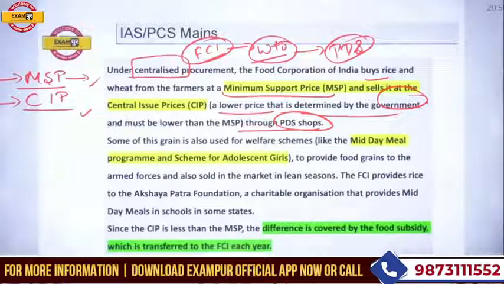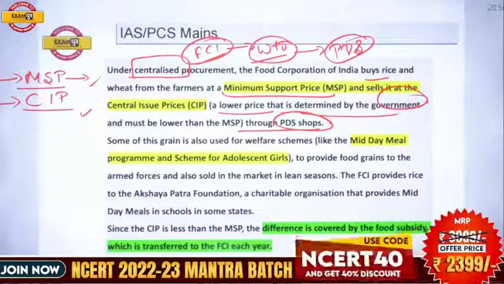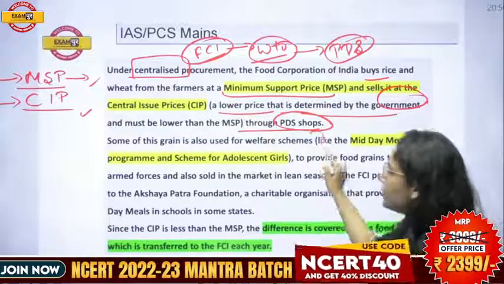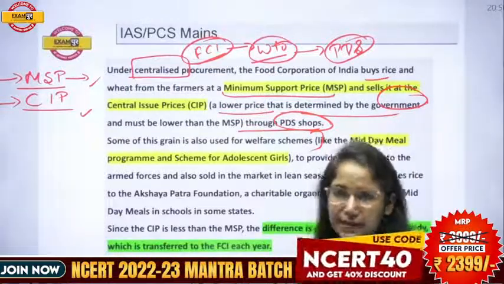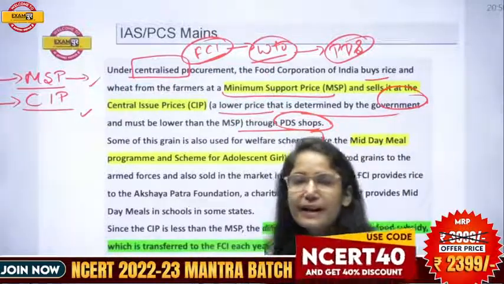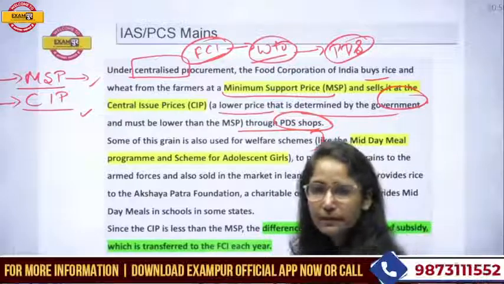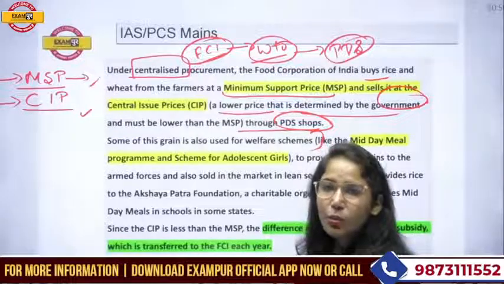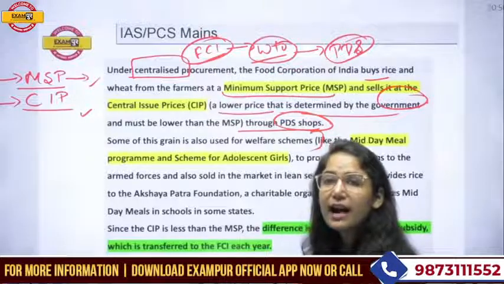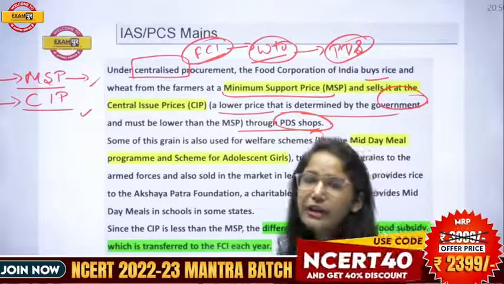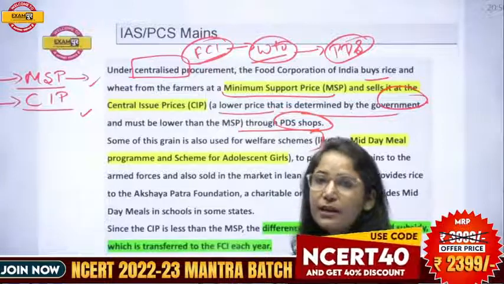Next, some of this grain is also used for welfare schemes. Obviously, whatever grains we are using for PDS, in order to provide access to more and more people, food security has widened. It is one of the largest programs in the entire world.